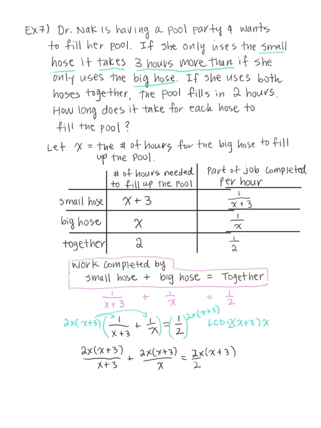Alright, so now let's cancel what we can. I can cancel this, I can cancel the x, and I can cancel that too. Now let me go on to the next page and clean it up. Then we should get 2x plus 2 times x plus 3 equals x times x plus 3.